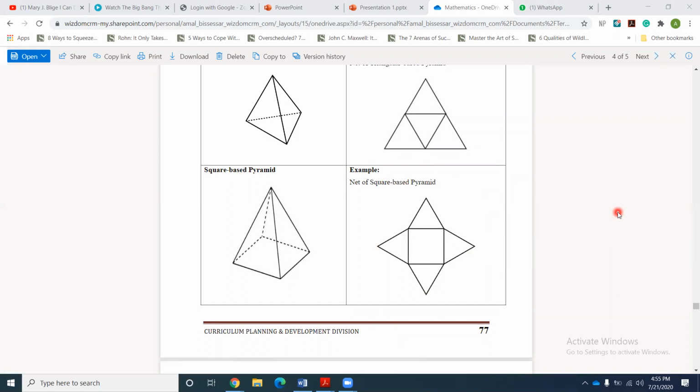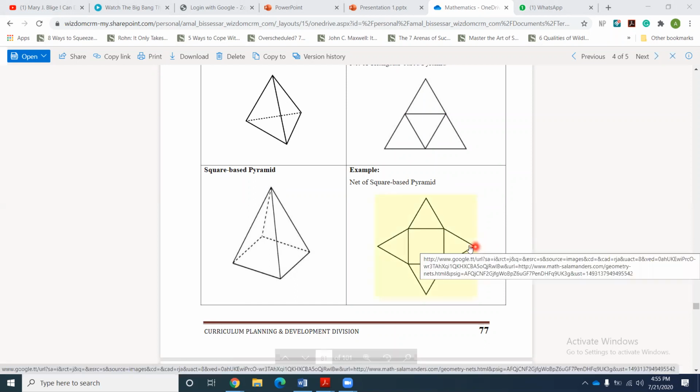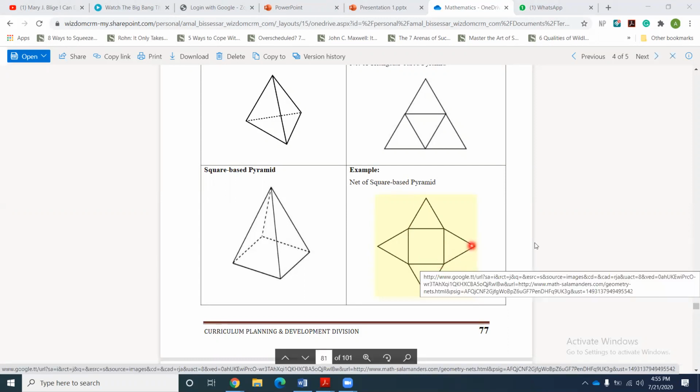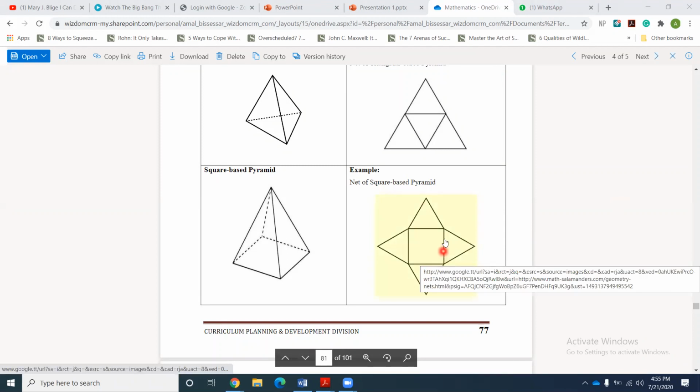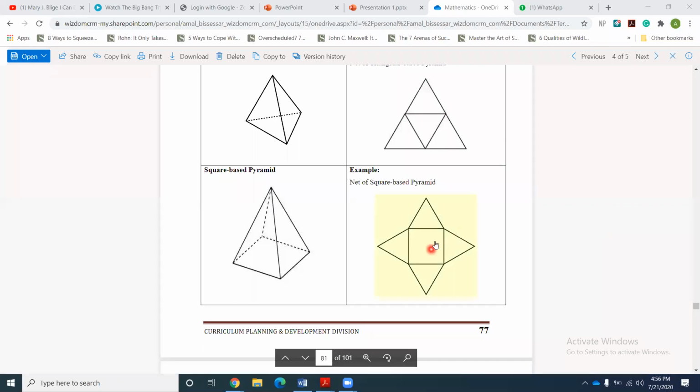If I start walking from this tip here, I would walk 1, 2, 3, 4, 5, 6, 7, 8. I will end up walking 8 lines. I will not walk on these 4 lines that are inside, because perimeter is not about the inside. It is about around. So that is what I wanted to clarify with regards to nets.